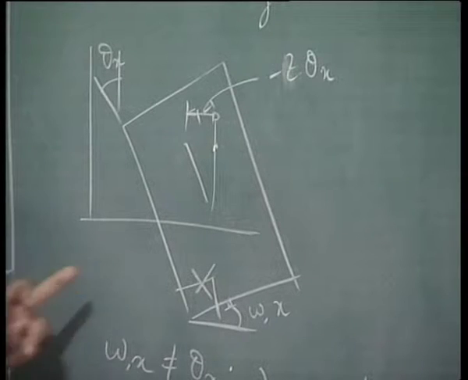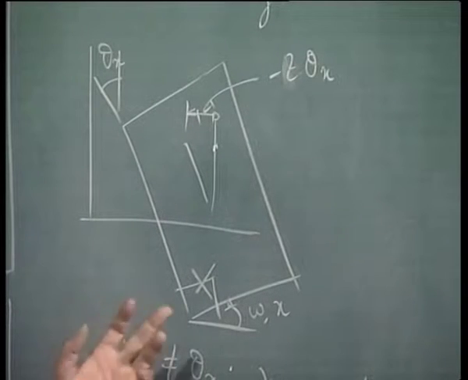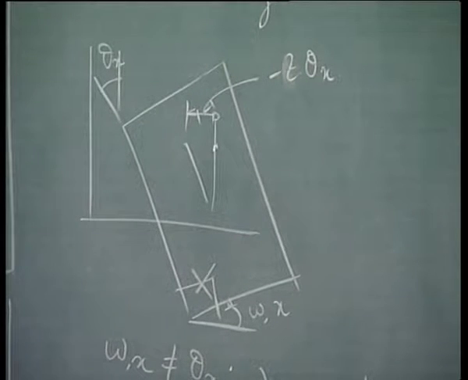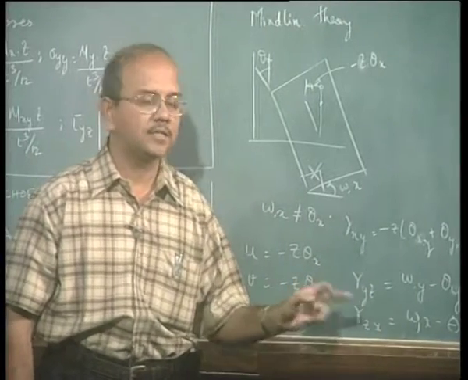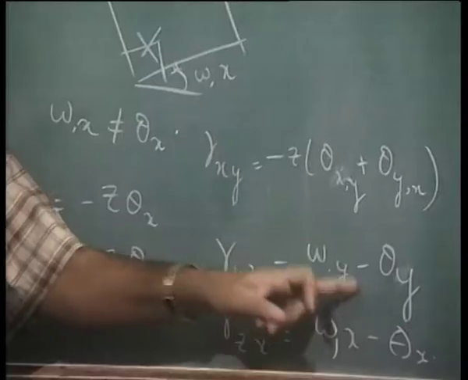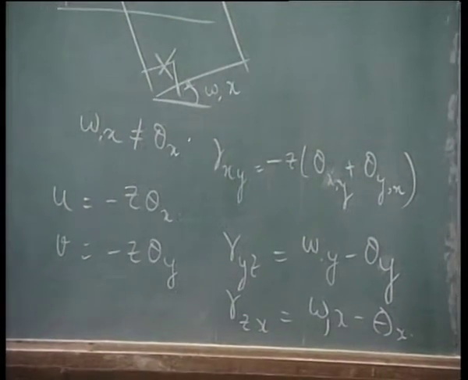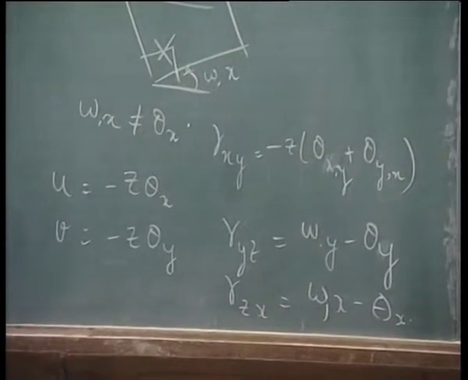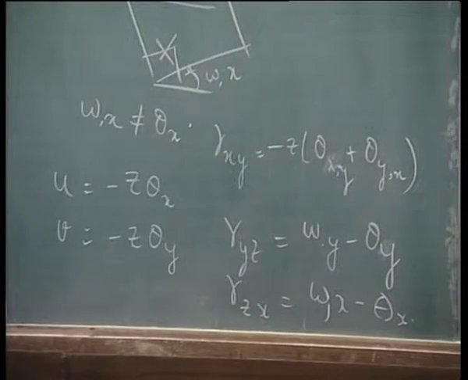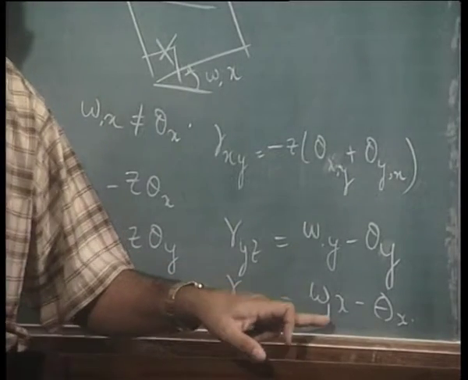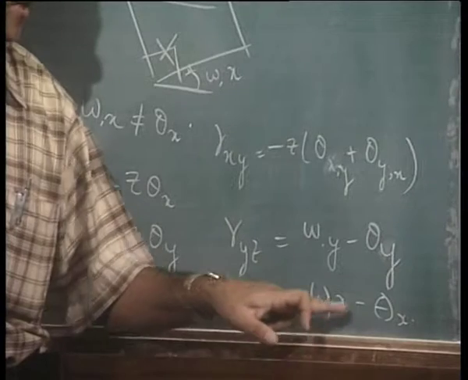What does it mean when this perpendicularity is not maintained? It means that a shear strain is developed. The shear strain can be written as gamma y equal to w comma y minus theta y. In the same way we can write the shear strain in zx as w comma x minus theta x, where w comma x is nothing but dou w by dou x.